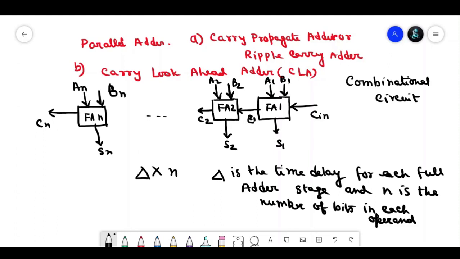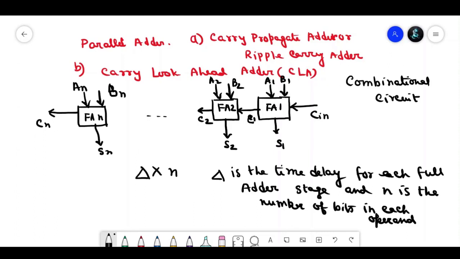The hardware cost is more than the serial adder, because the number of full adders needed is equal to the number of bits of the operands. So if we want to add 4 bits, then 4 full adders are required. If we want to add 8 bits, then 8 adders will be required. So an n-bit binary adder requires n full adders.